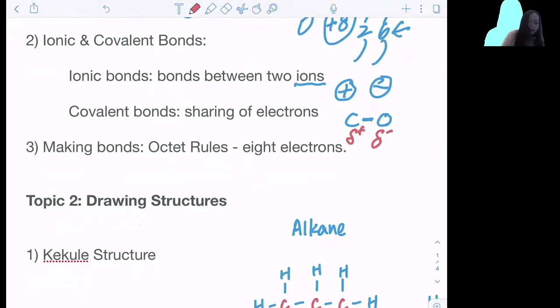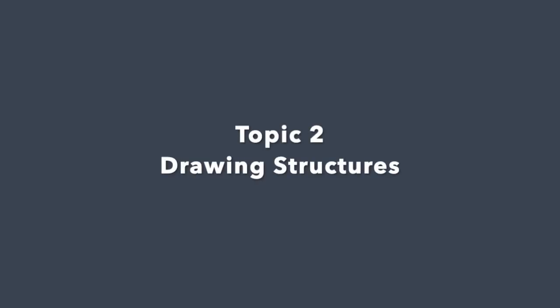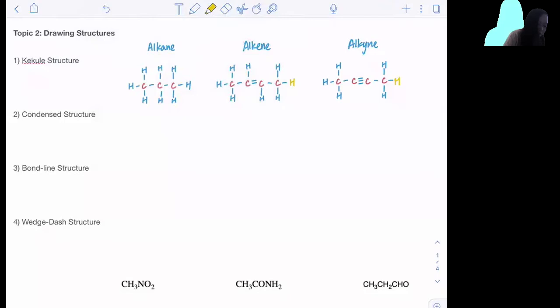Okay, so what else? Making bonds. 8 electrons, that's the octet rule, just a recall for that. This one has a double bond. See, there's a double bond. There's a triple bond. So that's yne, ene, ane for single bond. The structure is always going to look like this, 90 degrees to each other.